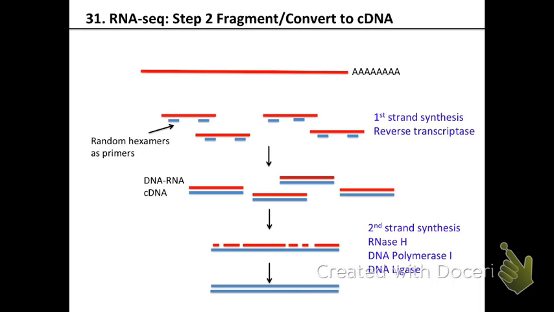Any questions? What happens to the uracil in mRNA? What happens to the uracil in RNA? Oh, uracil. So this DNA polymerase, whenever it sees a uracil, it adds an A against it, right?